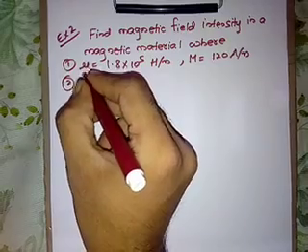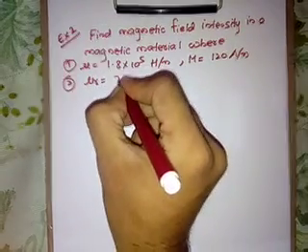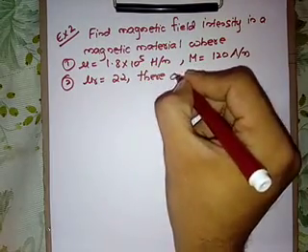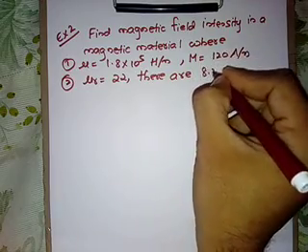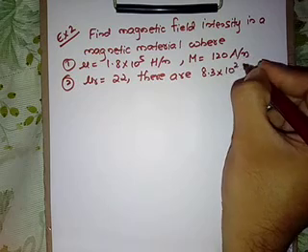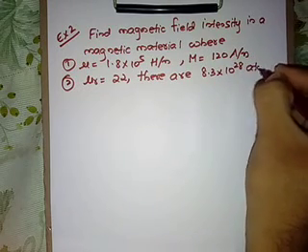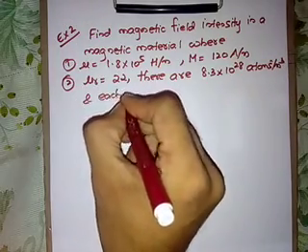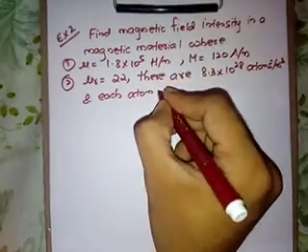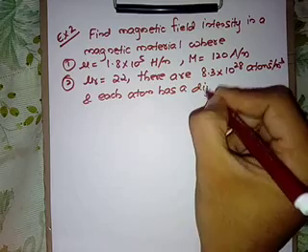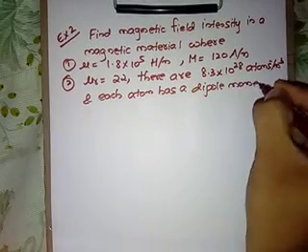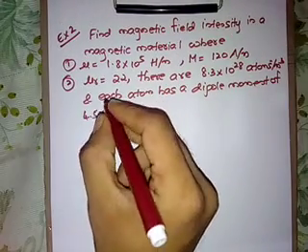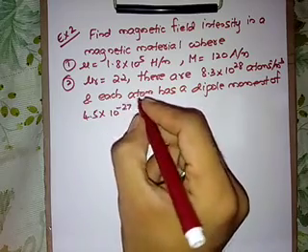Second, mu r is equal to 22, and there are 8.3 into 10 raised to 28 atoms per meter cube, and each atom has a dipole moment of 4.5 into 10 raised to minus 27 ampere per meter square.